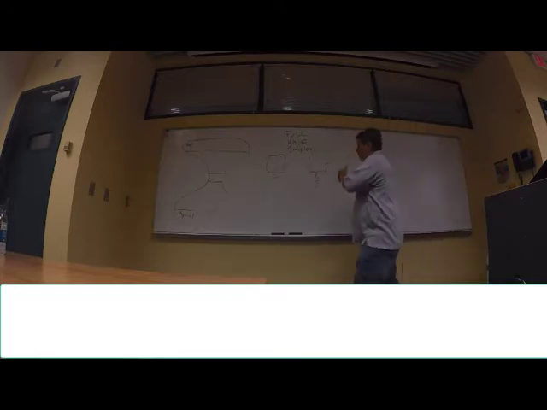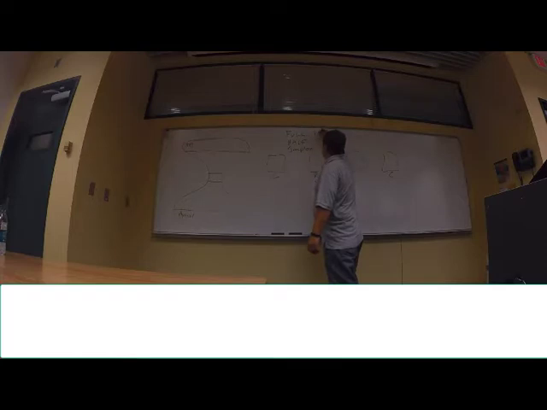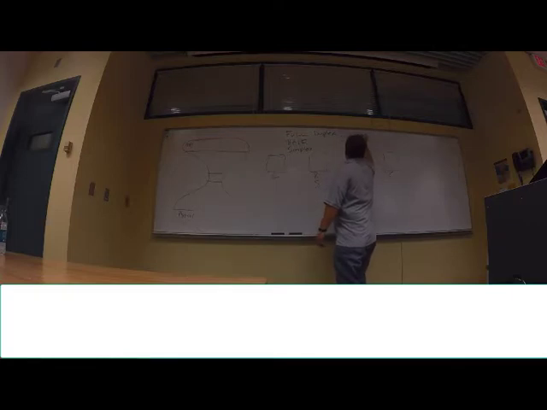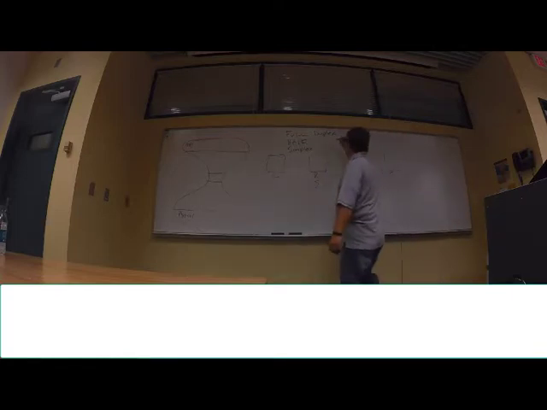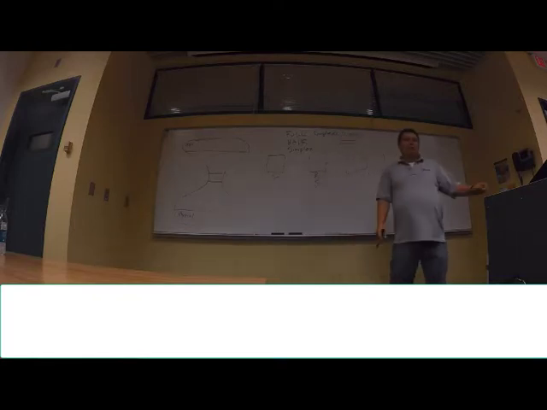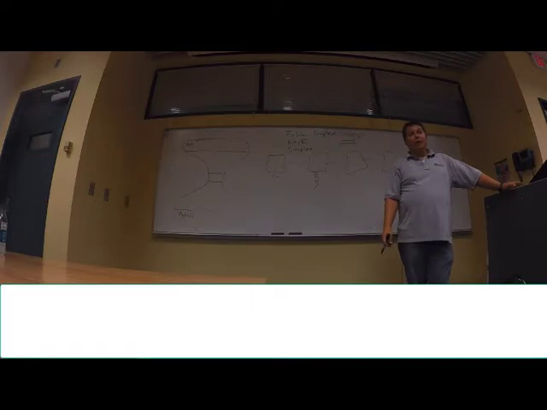So these are duplex, right? Which means that it can go both ways at the same time. A half duplex, if you look at diagrams, often looks like that, which means it can go both ways, but only at one time, right?